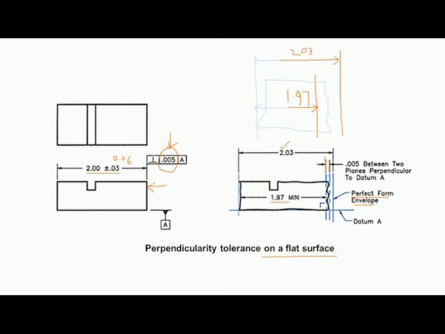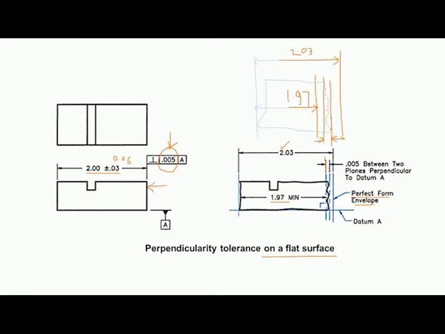So this is the one spot. We have to draw a line here, and this is another spot on the extreme end. So all the points on this particular surface should be within 0.005 millimeter.